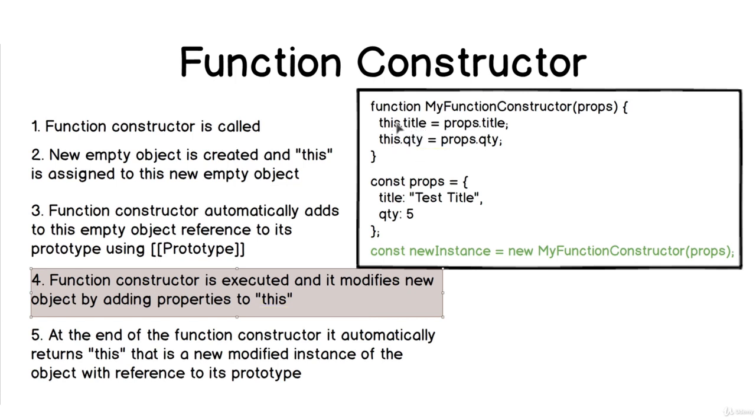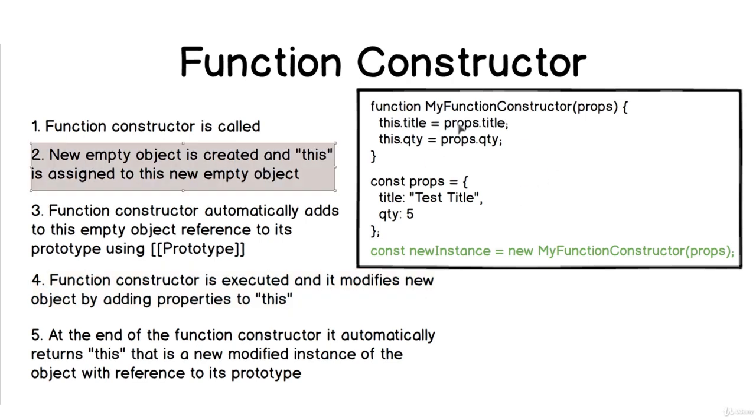If you forget to add this here and type simply title equal to props.title, then this new object will not be modified and new property title will not be added to it. That's why it is important to keep in mind that you must always add here this and add new properties to this, because this points to new empty object.